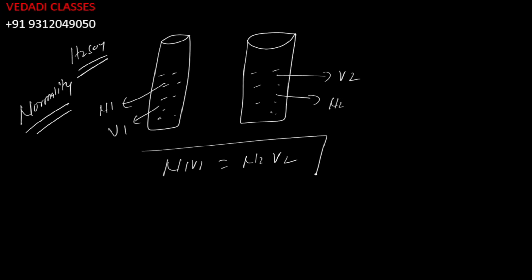Whatever question they ask from here, they will give you the volume of one, the volume of both, and the normality of one, and you have to find the normality of the other. Or they give the volume of one and the normality of both, and you have to find the volume of the other. Such types of questions will be asked.